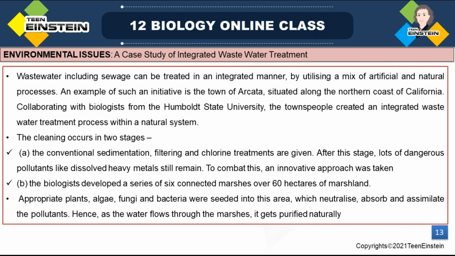Okay, in the conventional sedimentation, first filtering and chlorine treatment are given for water. Water filtering will be done and the chlorine treatment also will be given. So after that stage, many dangerous pollutants may still be remaining in that water.